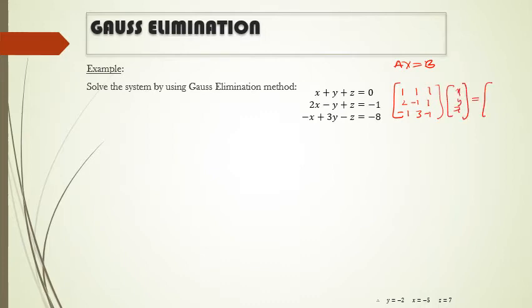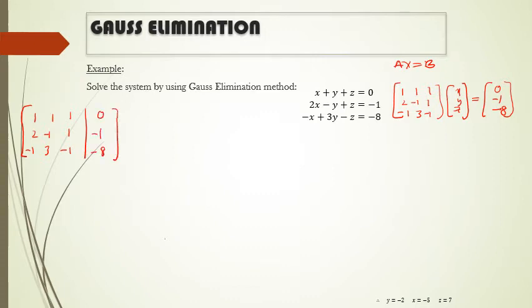So it equals 0, negative 1, negative 8, the B. So this is A, X, and B. Now to solve with the Gauss elimination method, we need to write the augmented matrix [A|B]. A is 1, 1, 1, 2, negative 1, 1, negative 1, 3, negative 1. The B is 0, negative 1, negative 8.